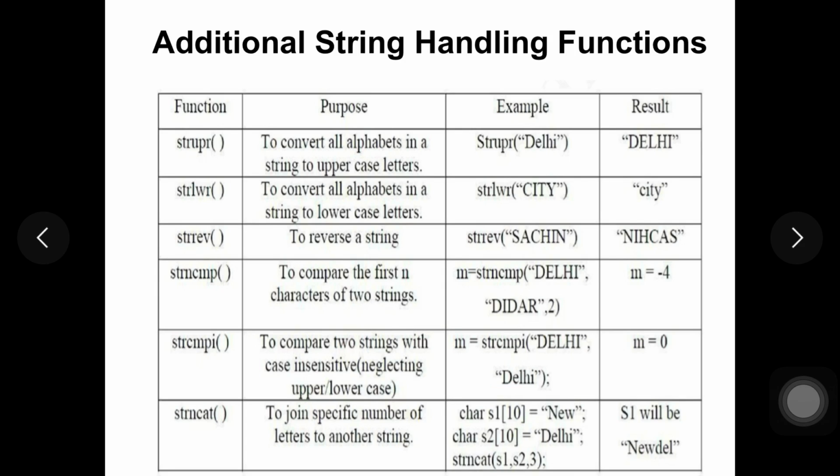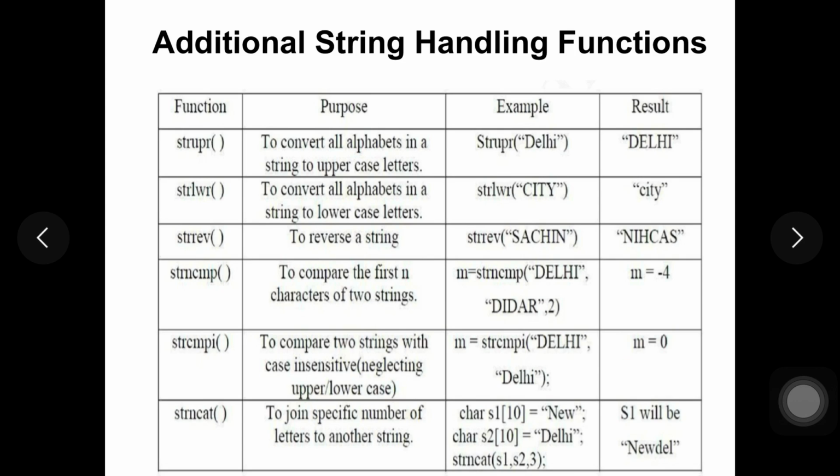If you don't use i here, this Delhi and that Delhi are different, and you will not get a match. But when you use i, it will ignore whatever the case may be. So this is case insensitive. That's why you got the value m equal to 0, where both the strings are equal.